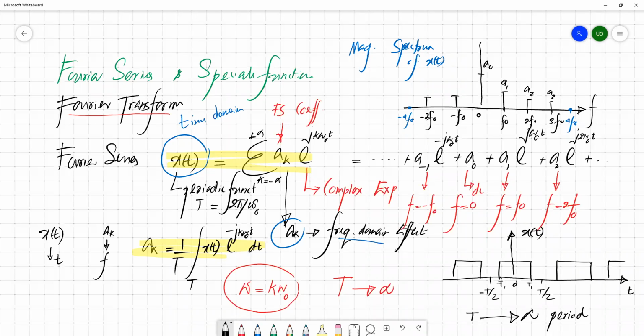So we consider a periodic signal having a period of T. Now we let this T go to infinity. So what happens to x(t)? Let's see this.